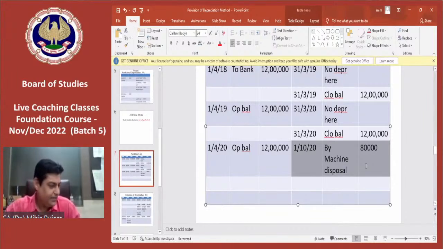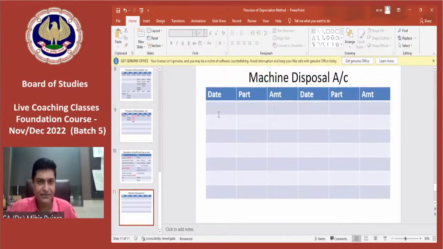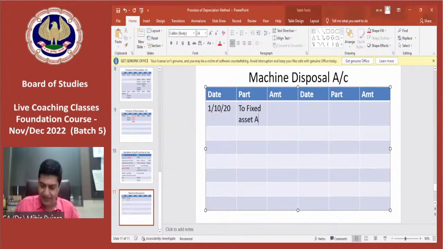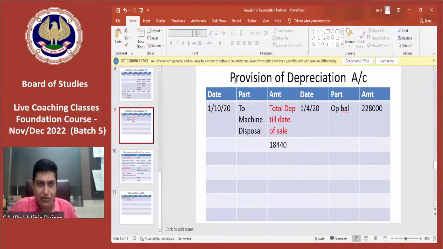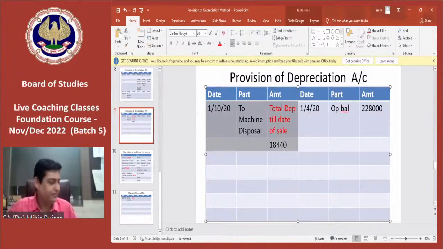Simple, here credit then there debit. On 1/10/20, to fixed asset account 80,000. This is also from POD. From POD we reverse into the machine disposal account. So here debit, then there credit. Simple.